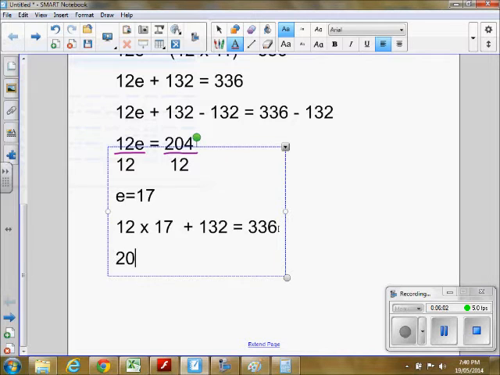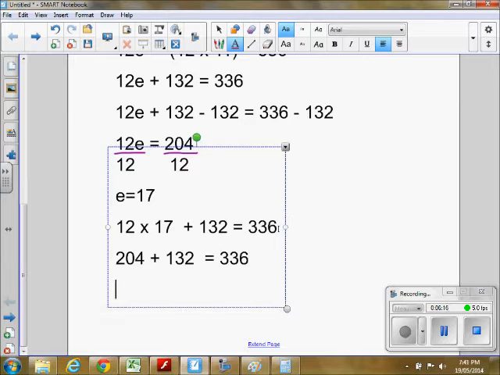So 204 plus 132 equals 336. Add those 204 plus 132 together, you'll get 336 is equal to 336. So that verifies the question.